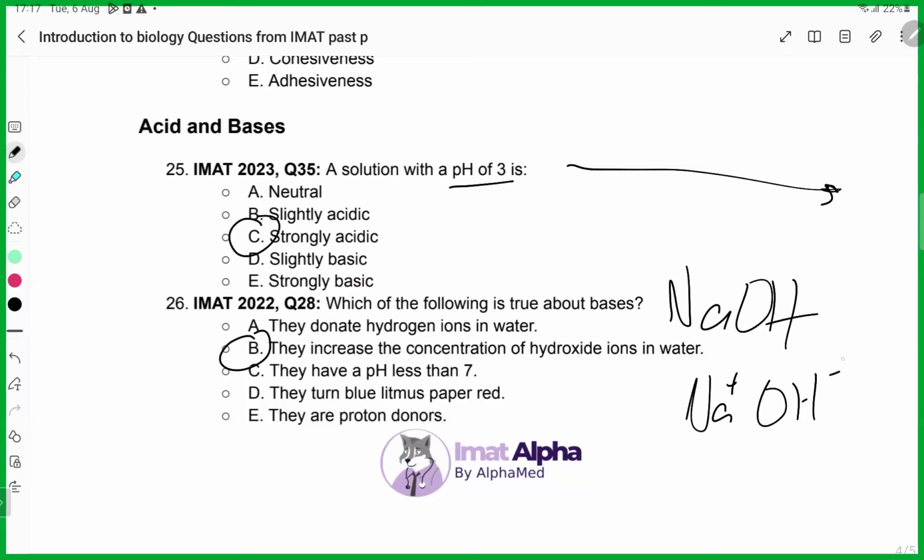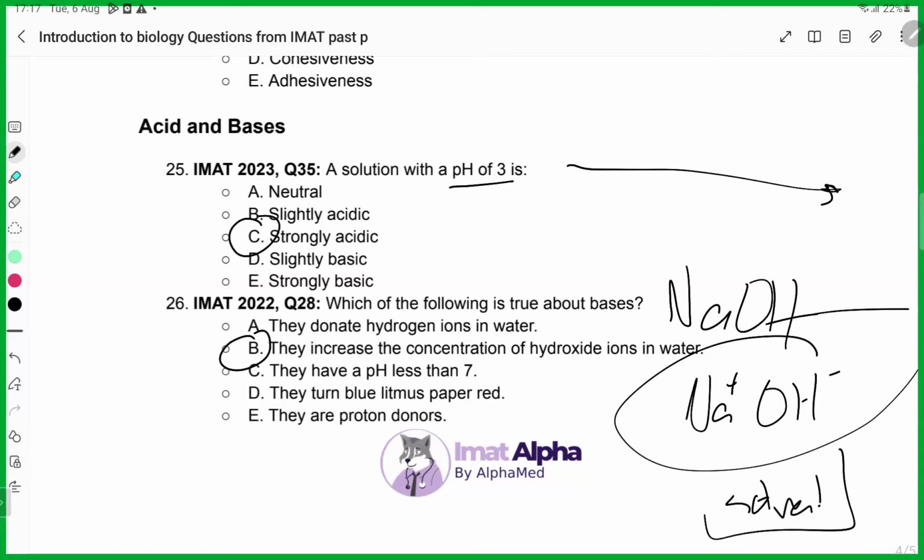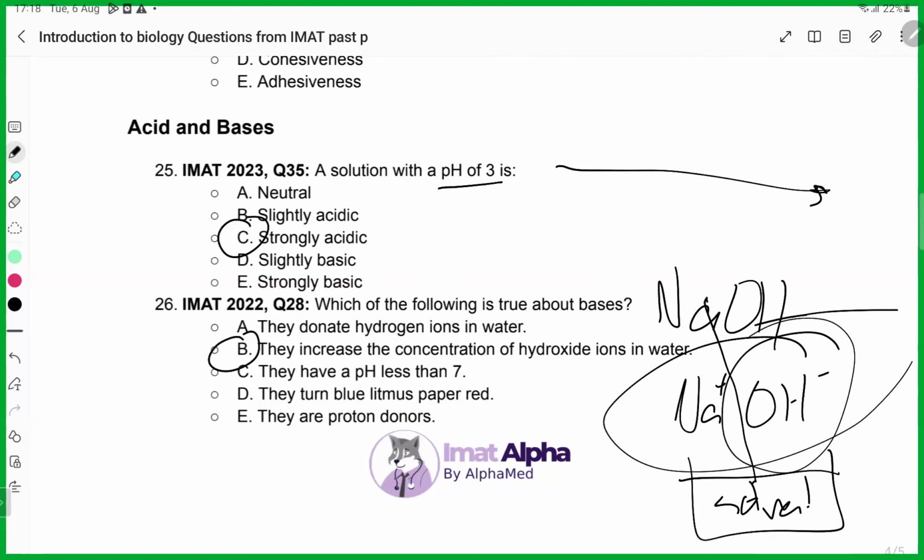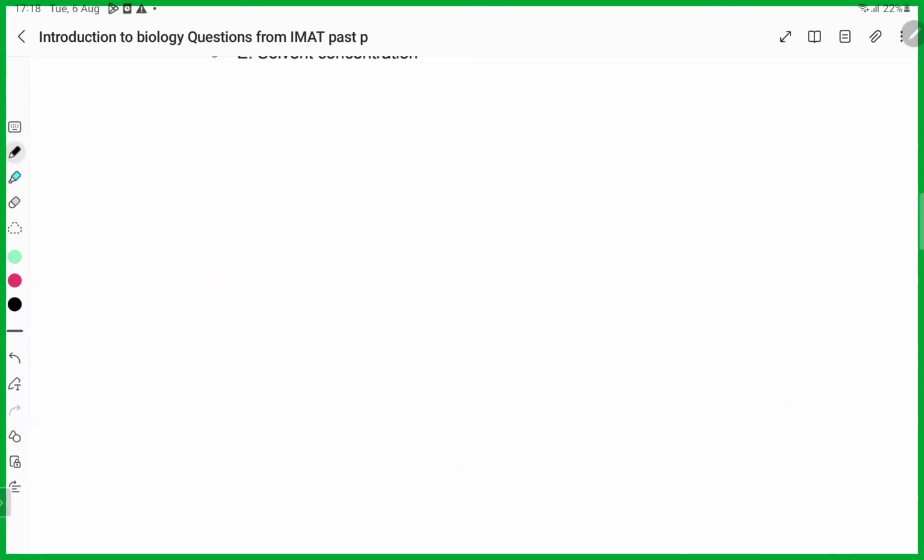When these ions dissolve in water, which is the solvent, they dissociate, and so much OH minus will be dissociated in water. That's why we said that it increases the concentration of hydroxide ions in the solvent or in water. And 27.